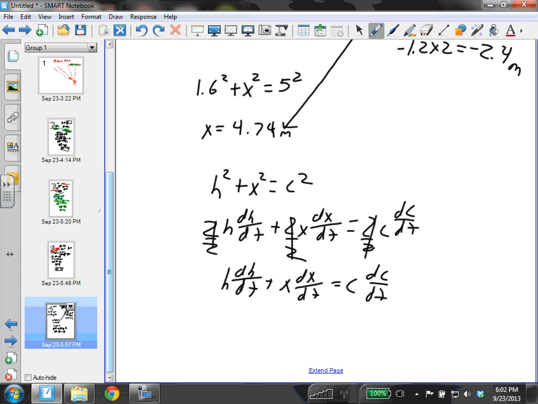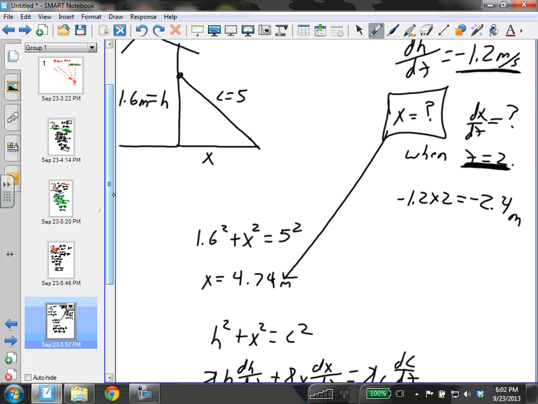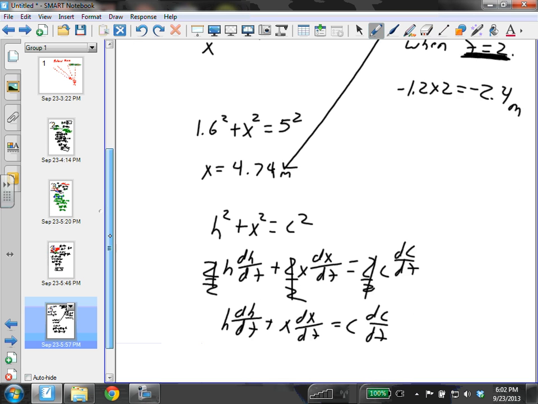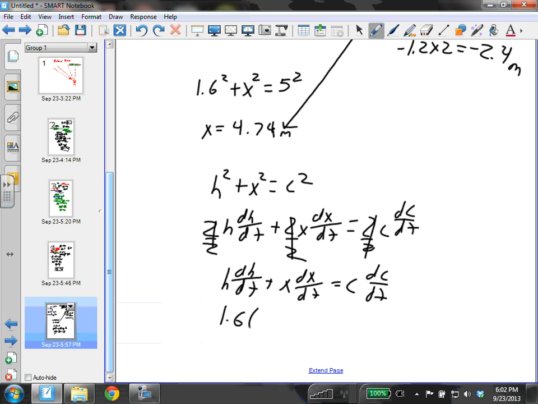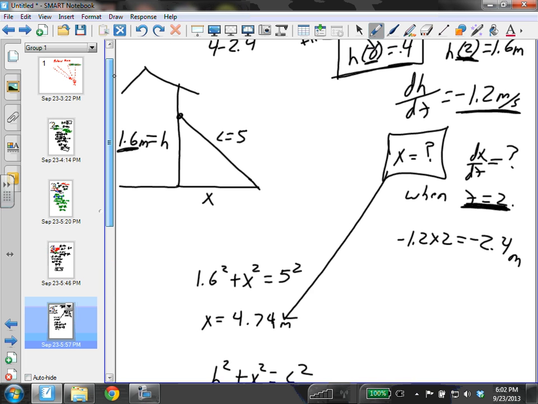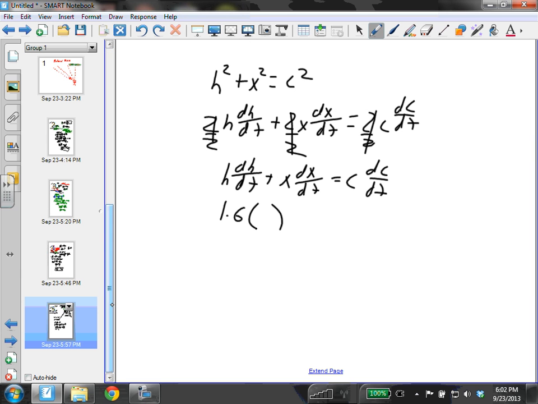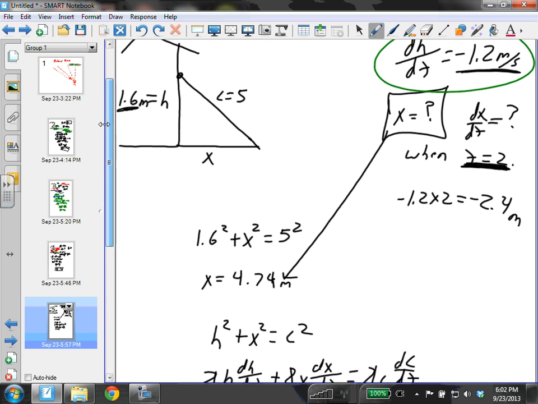And now we need to plug in all the information that we have. We found that at t equals 2 seconds, h is 1.6 meters, so I'm going to plug in 1.6 for h. The change in the height with respect to time was negative 1.2 meters per second, so negative 1.2 plus x, and x is the first thing they asked us to find.